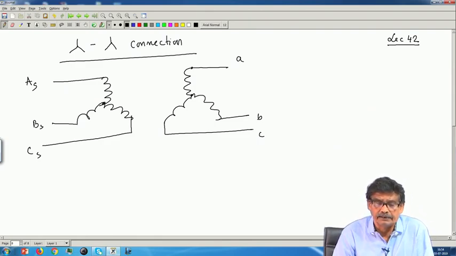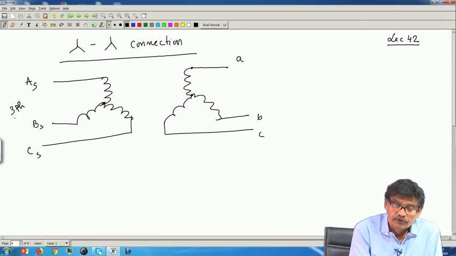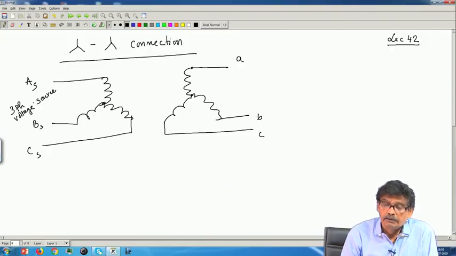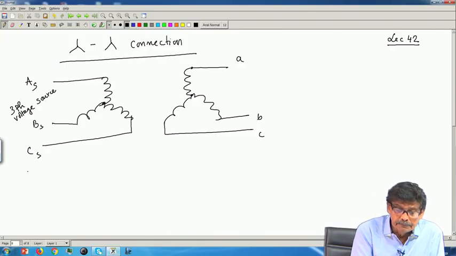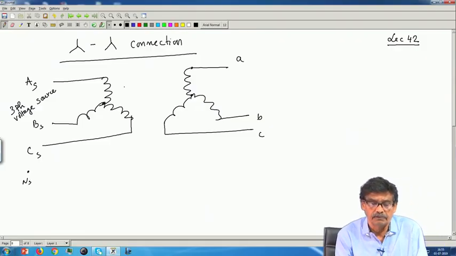I have applied a balanced 3-phase voltage source here. The supply may have a neutral, but that has not been connected anywhere, only the 3 lines are connected.